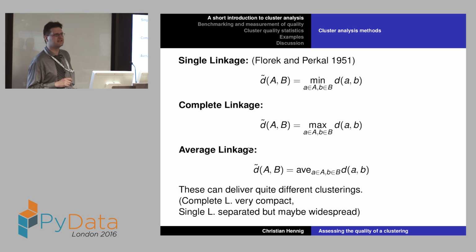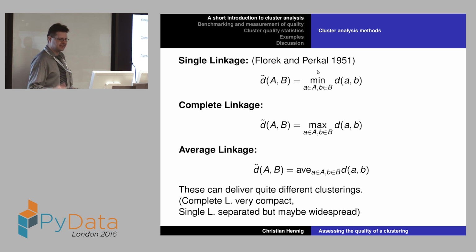The most frequently used hierarchical methods are single linkage, complete linkage, and average linkage, and they are defined by different ways of defining what the difference between two clusters is. For example, single linkage takes the minimum of the distances between all objects in the first set and all objects in the second set. Complete linkage takes the maximum. Average linkage takes the average.